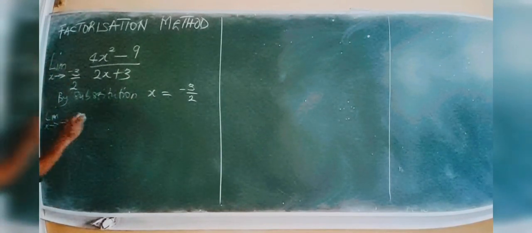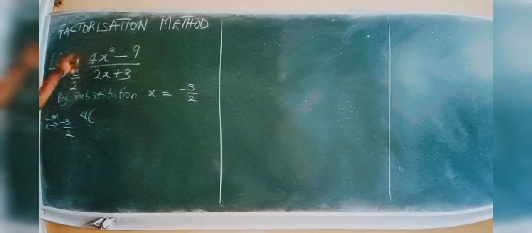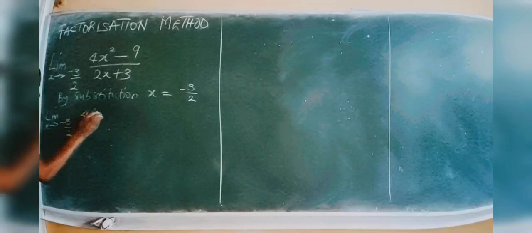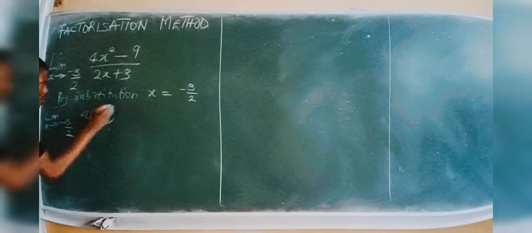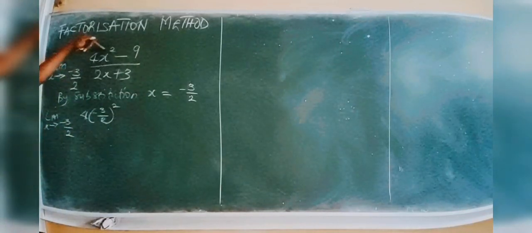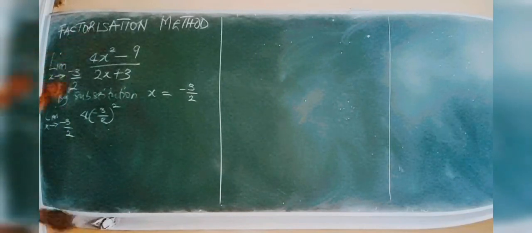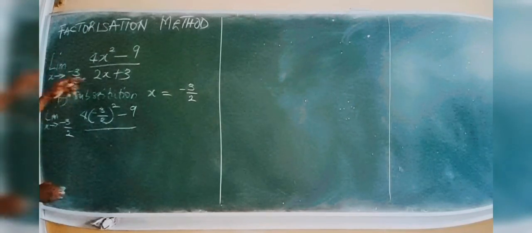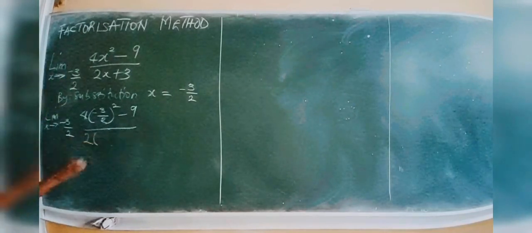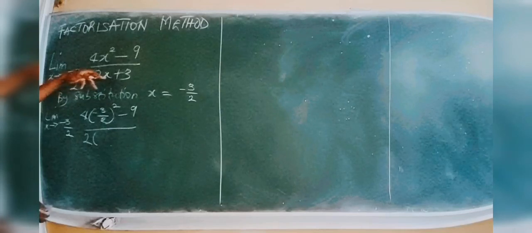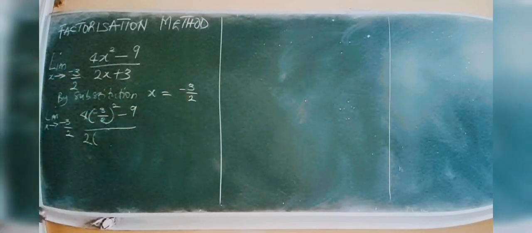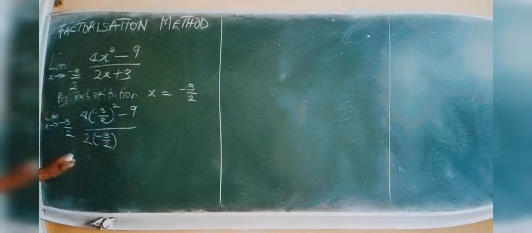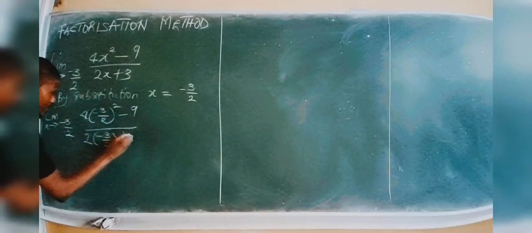The function becomes 4 into, I have x squared here, so minus 3 over 2 all squared, minus 9, all over 2 times x, which is minus 3 over 2, plus 3.